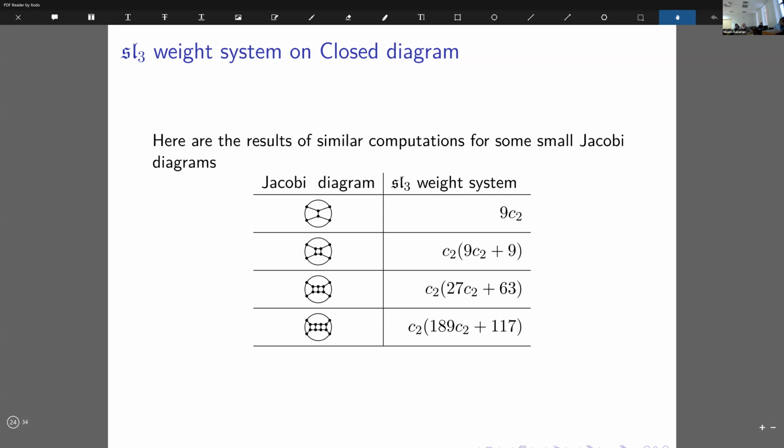You see, a Jacobi diagram has legs. Legs are those vertices that lie on the circle. Vertices or ends of edges, I don't know.